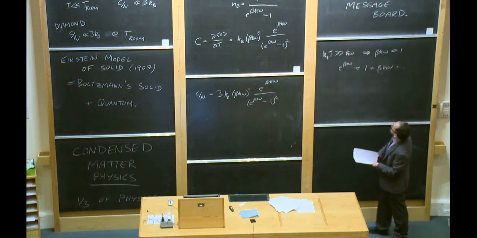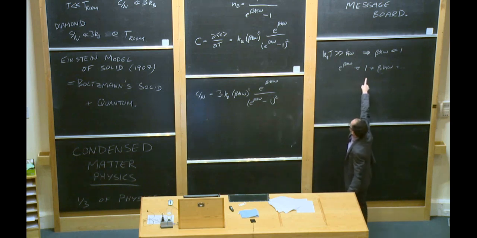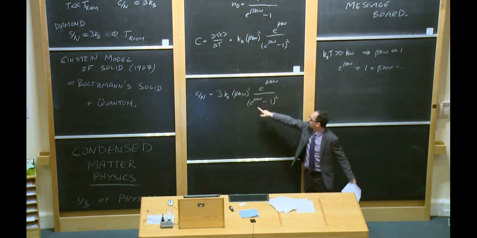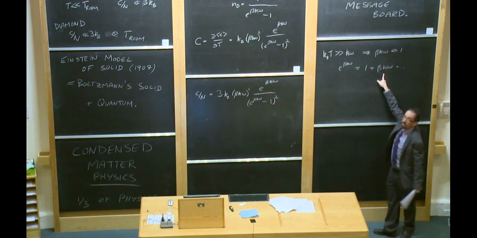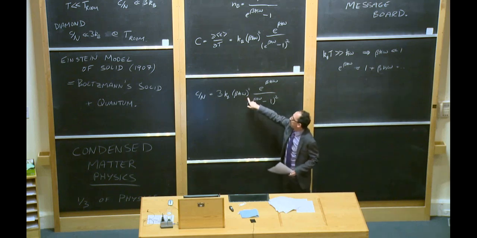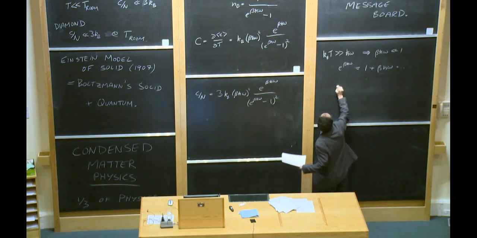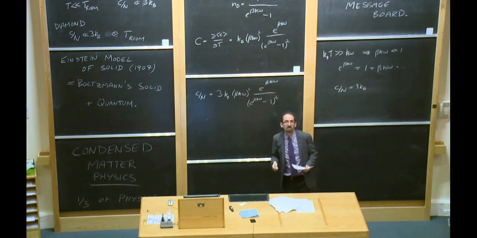So then if we plug this into the numerator, we only need to keep the 1. When we plug it in downstairs, the 1 cancels the minus 1, and we have to keep the beta h bar omega downstairs. So we have beta h bar omega downstairs, beta h bar omega upstairs, those two cancel, and we get C over N is 3 k_B. Everyone good with that? Yeah.